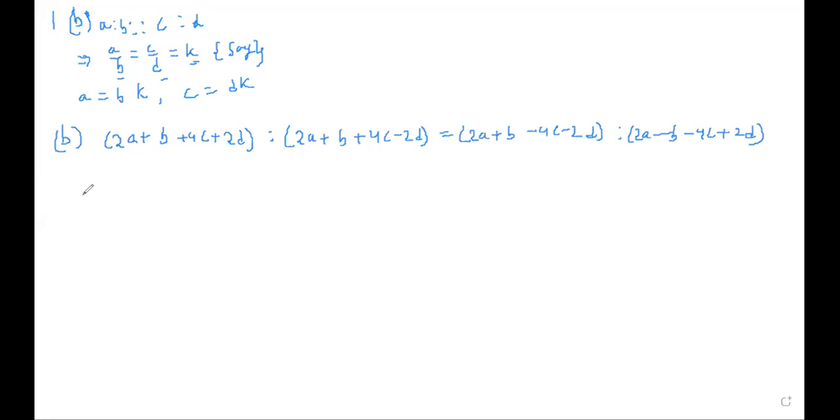So try to prove starting from LHS. It will make the concept clear.